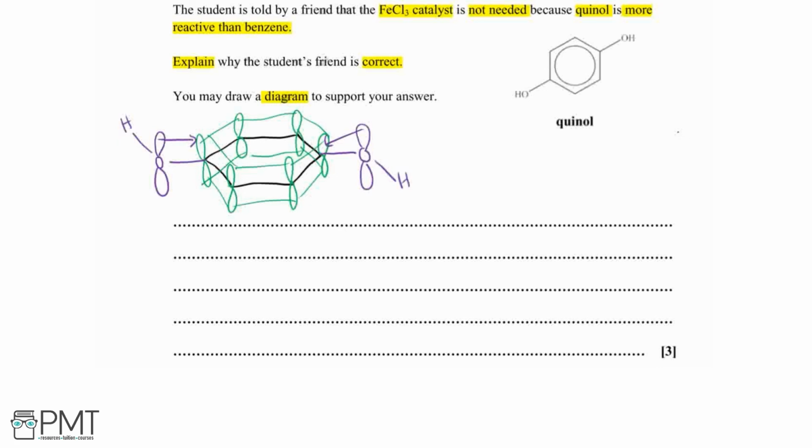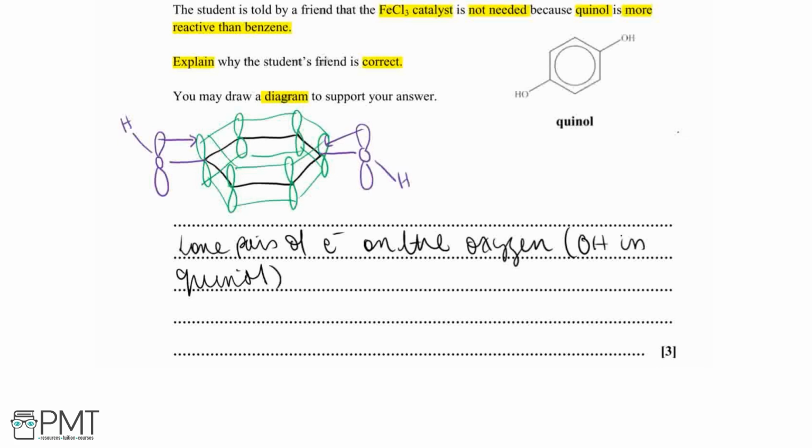So let's write these bits down to start off. So we've got lone pairs of electrons on the oxygen, and these are from the OH and quinol. And these are going to partially delocalize into the ring overall.